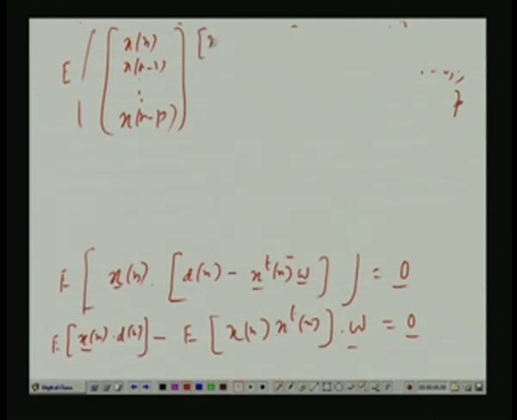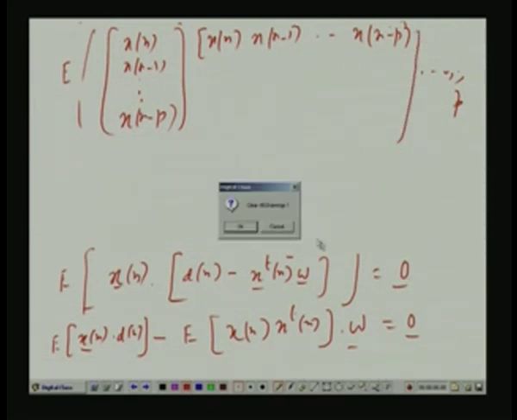X transpose n is, x n becomes a row vector. Okay. If you do that, x n into x n, expected value r 0. Then x n into x n minus 1, expected value r 1, dot dot dot up to r p.